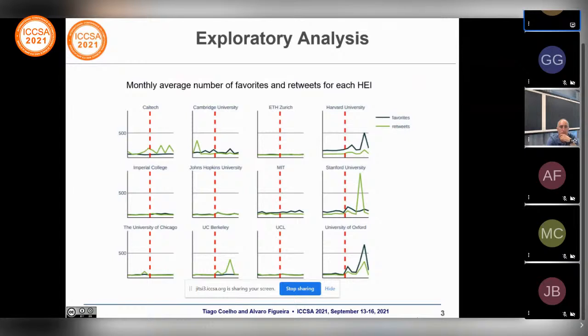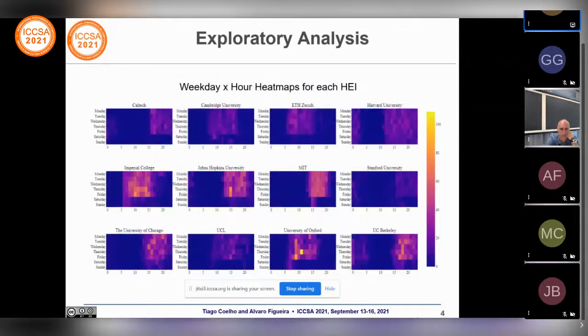Besides that, we were also able to determine that Harvard, Stanford, Oxford, and Berkeley shared the same pattern, characterized by two distinct peaks and two valleys, although not necessarily at the exact same time or with the exact same intensity.